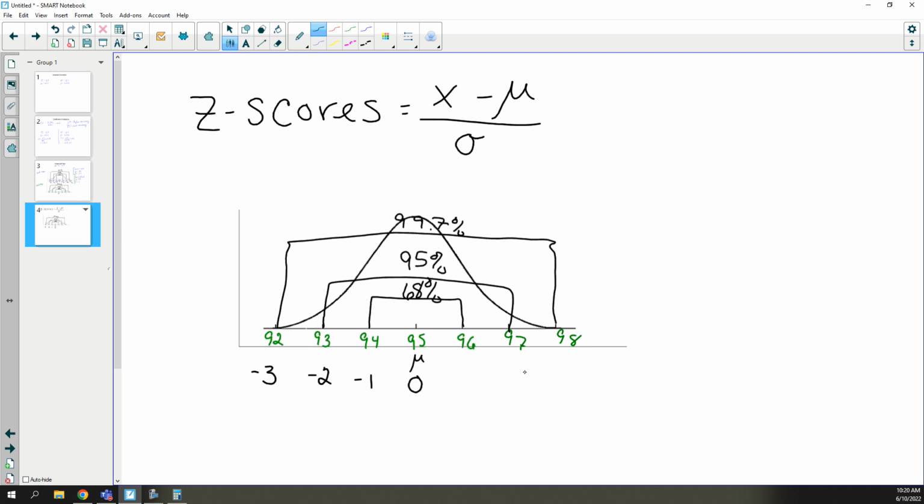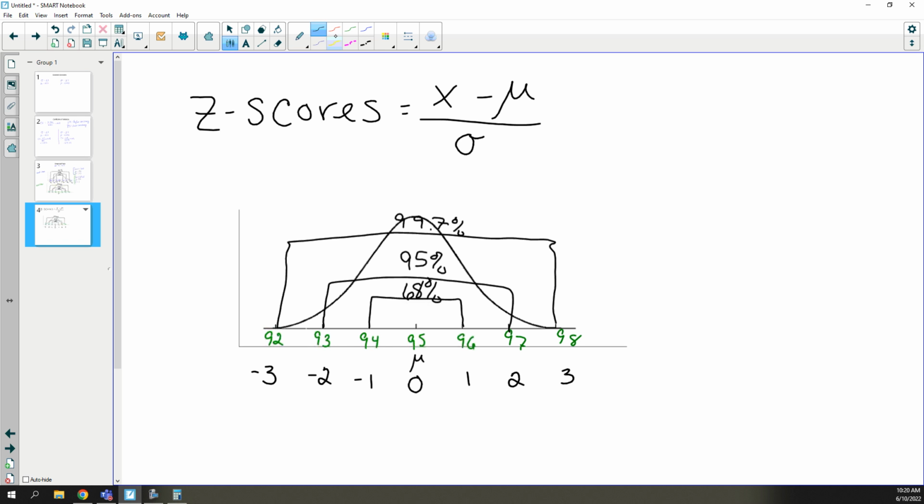And then on the right side, you would have +1, +2, and +3. You get into this usually much later after learning about the empirical rule, but it is important to note now that z-scores do correspond to how many standard deviations away something is. So just because we have this formula, you have to remember that a z-score is still the number of standard deviations away from a mean that something is.